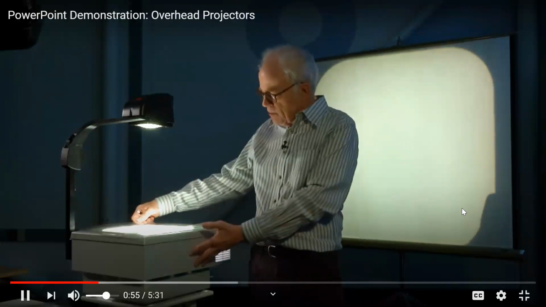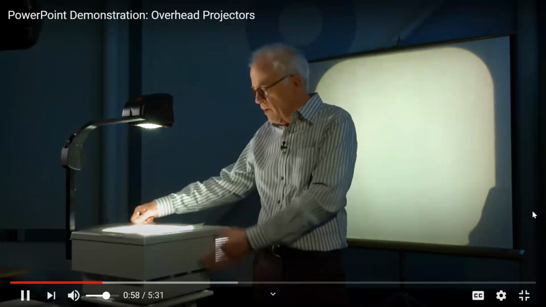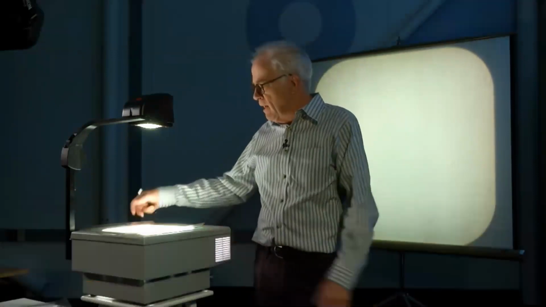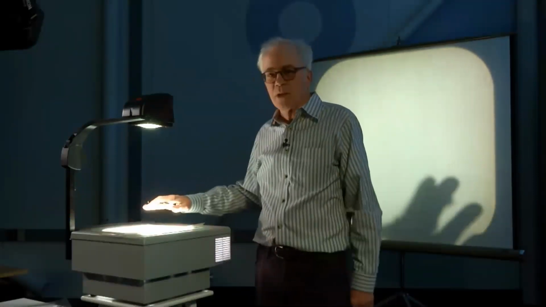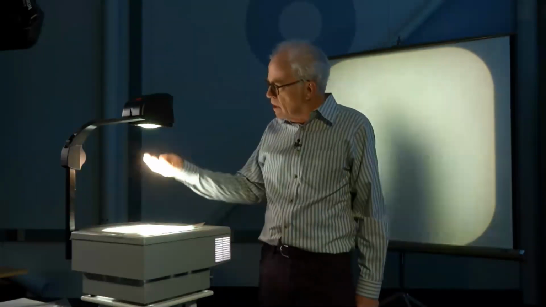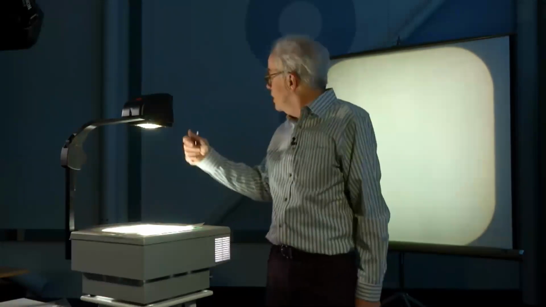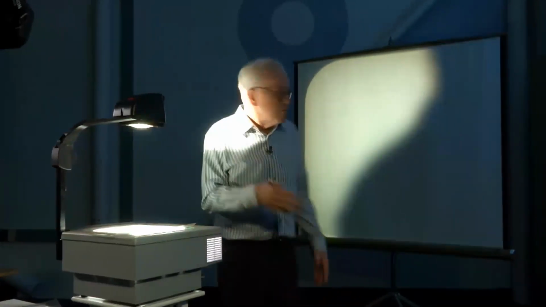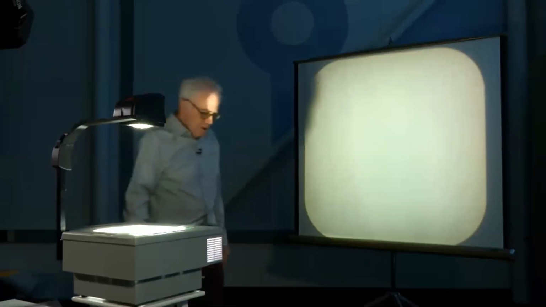There's a big projector bulb down in the bottom with a fan keeping it cool, and a Fresnel lens to distribute the light evenly over the surface. Then it projects the light up through a reflector here, which then projects onto the screen. These could be used in a moderately lit room, so you didn't have to have a big darkened room like a 35 millimeter slide in an auditorium.